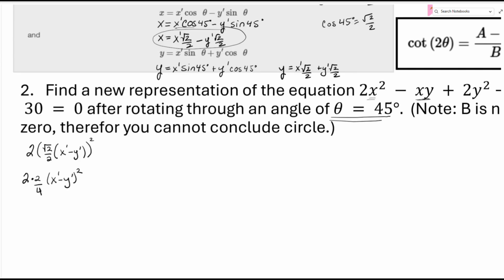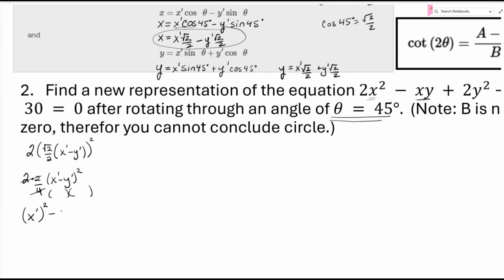So if I want to take it one more step, this is going to be 4 over 4. And this is going to be x prime squared. Remember, I'm writing this twice and then foiling it out. So I'll get an x prime squared.